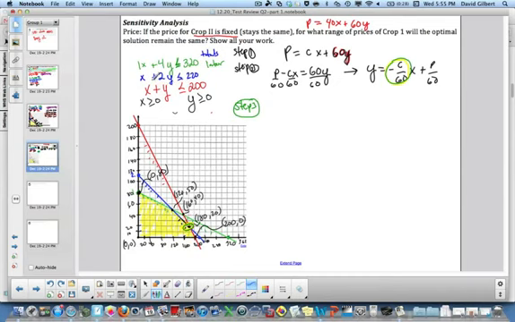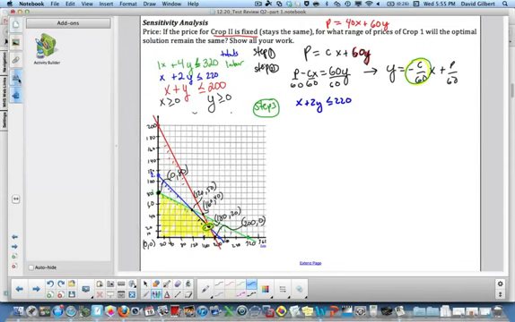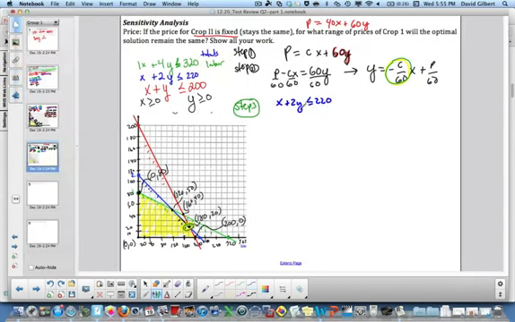So for the slope of the blue constraint, which had to do with the capital, we are going to have this, x plus 2y is less than or equal to 220. I'm going to subtract x from both sides because I like to keep the y's positive if possible. 2y. And we only care about where the lines meet, so whether they're shaded on the left or the right doesn't really matter.